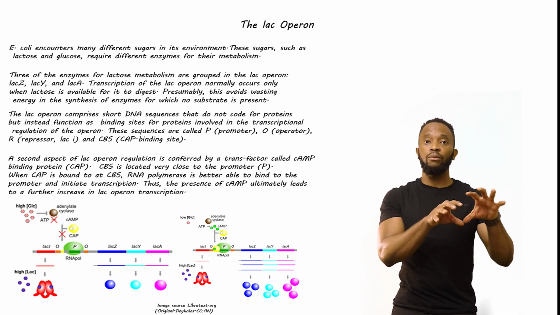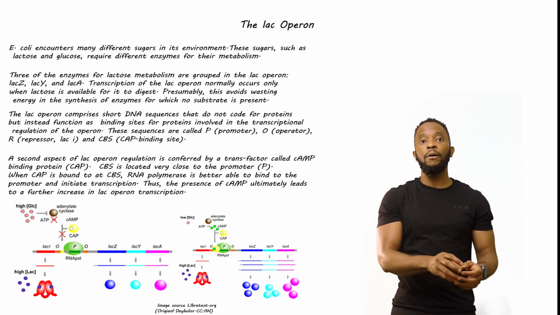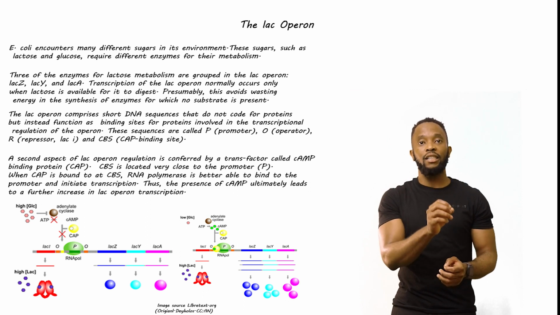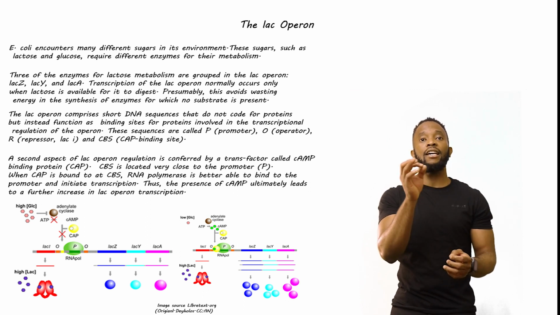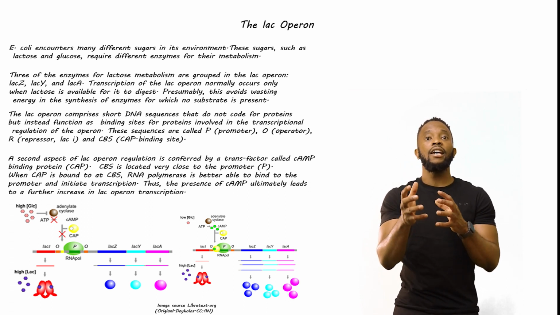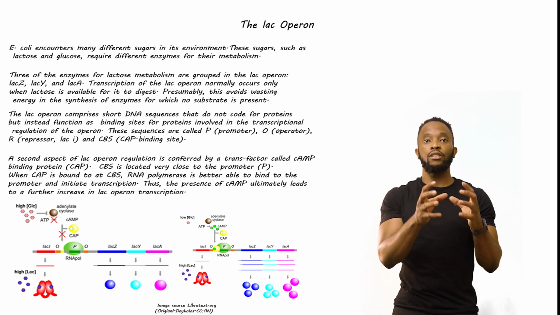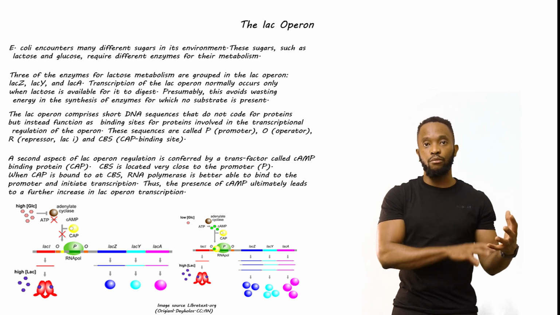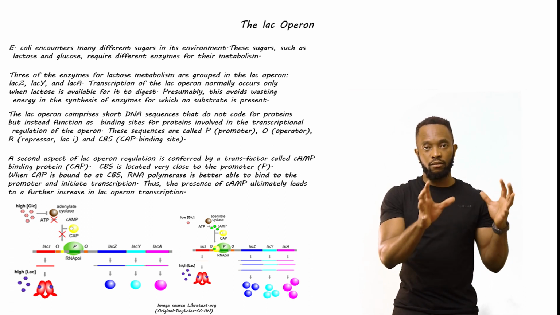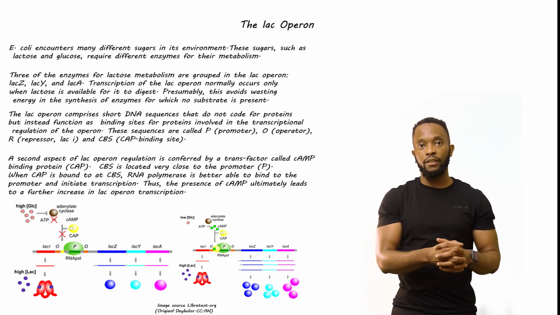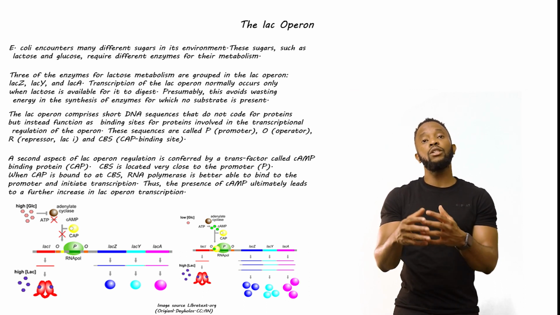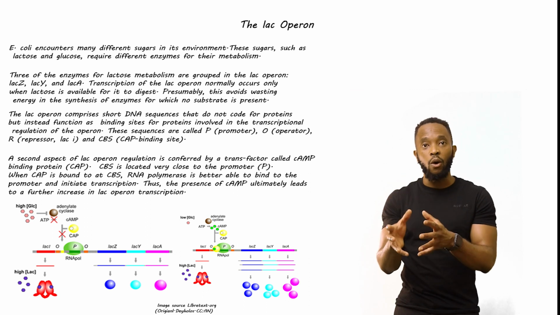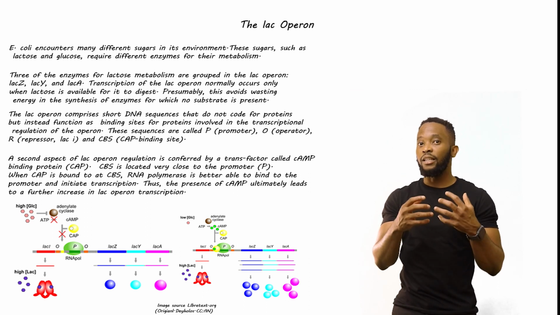As you're going to see from this picture, in the presence of glucose there is no activity, so ATP and cyclic AMP are not going to interact. As a result, the CAP is not going to bind in this allosteric site near the promoter and the full operational unit. As a result, you are still going to get the Lac A, Z, and Y, but it's not going to be in abundance.